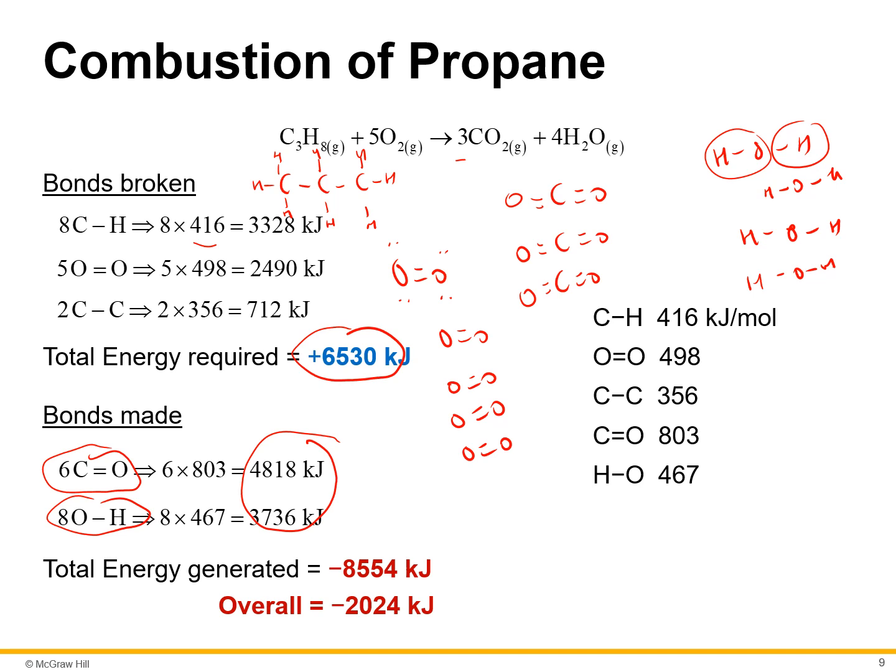When you do this math, which is the reactants minus the products, you get an overall change of an exothermic reaction of minus 2024. So this is just an example of using bond energies to calculate the overall change, to break bonds in a reactant and form bonds in a product. That's how I wanted to touch base on energy.